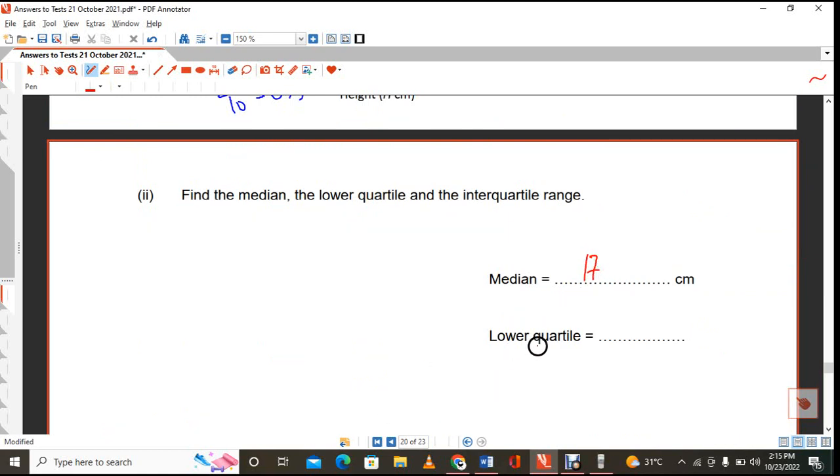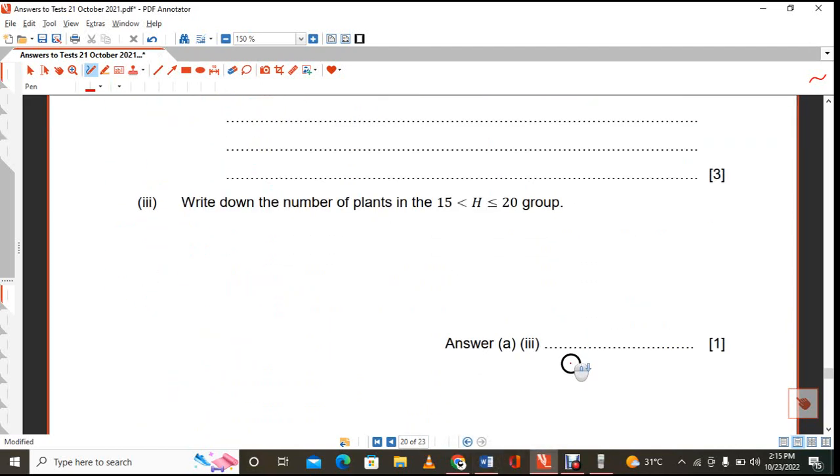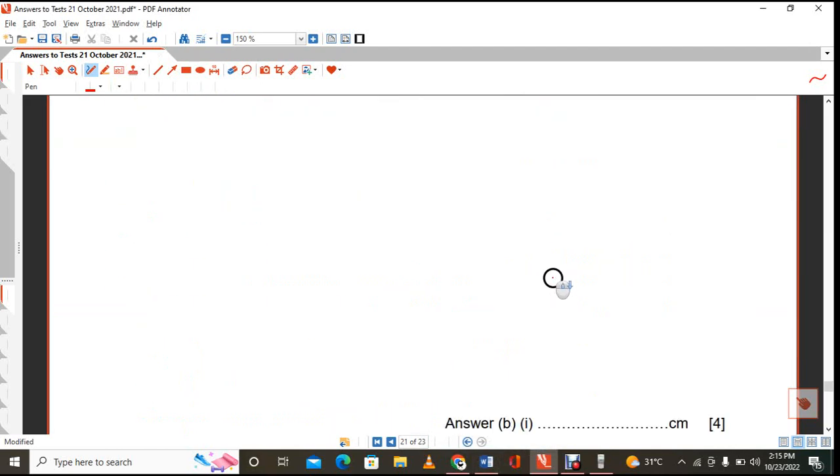Okay, the lower quartile is 25% of the values, and 25% is the same as a quarter. Now a quarter of 100, because it's 100 plants, is nothing but 25. So we're going to go to our cumulative frequency curve and draw lines again, and see where we get 25.